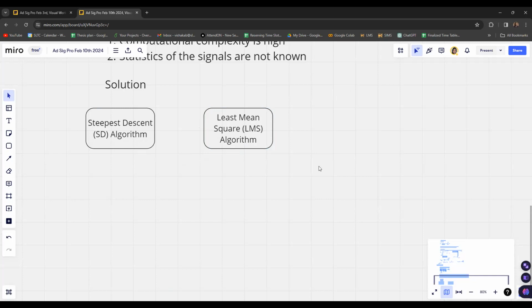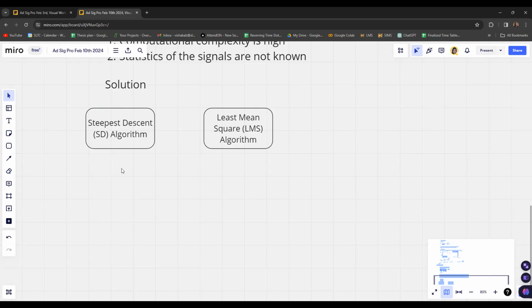So the steepest descent algorithm and the least mean square algorithm are the two types of algorithms that are popularly used to find filter coefficient values in an updating manner, in situations where the input signal values and their statistics change with time.